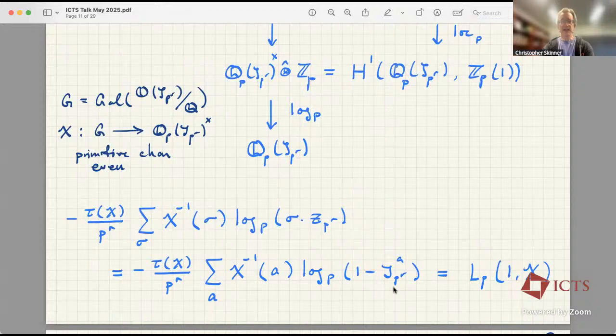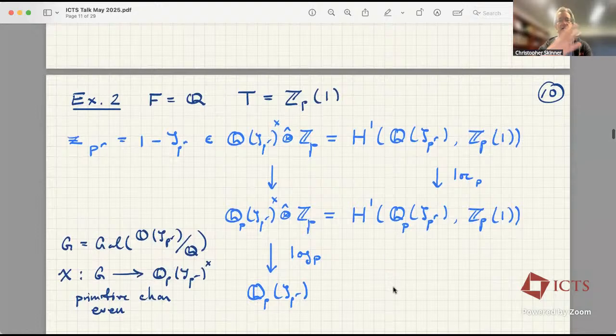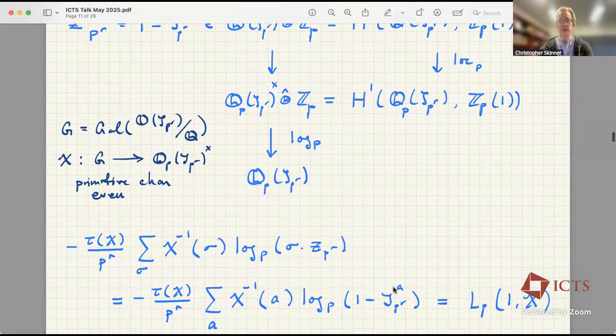And then I stare at that bottom line, and I realize that that is a formula for the value of the p-adic L function at 1. So I have some natural formula in the context of the cohomology locally, and I see just by inspection that it's connected to an L value.